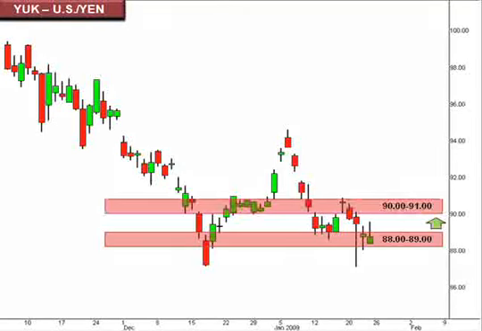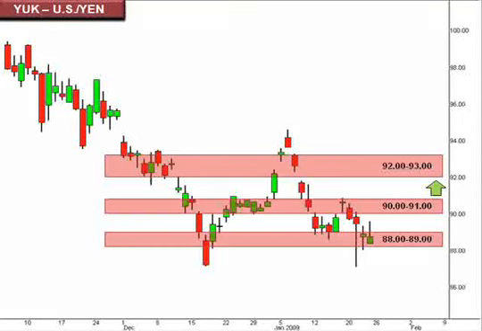Now, the 90 to 91 box still remains an important resistance level should we see a bounce. Now, in the bigger picture, we would be targeting up into that 92-93 focal zone if we see any further strengthening to the upside after a break of that key pivot at that 91 pair value price level.